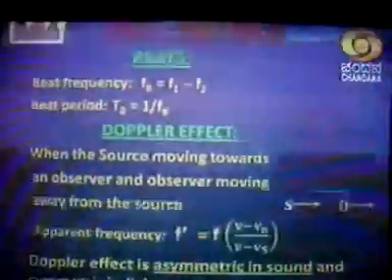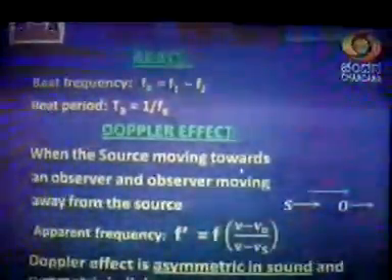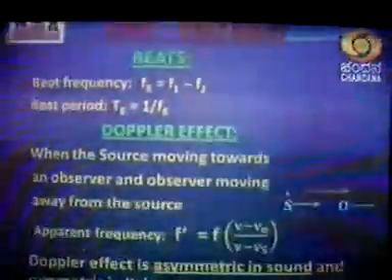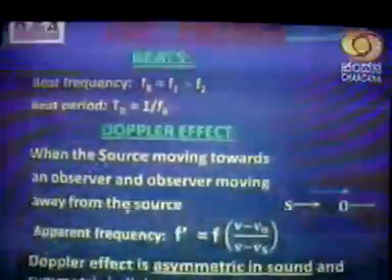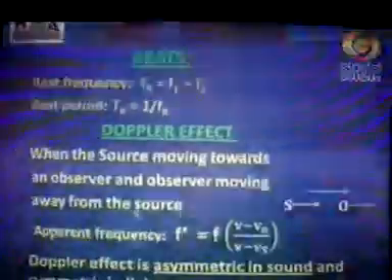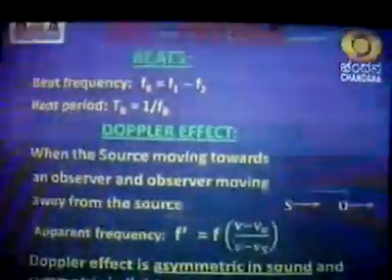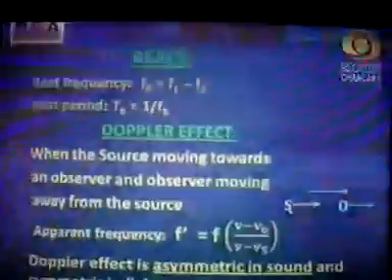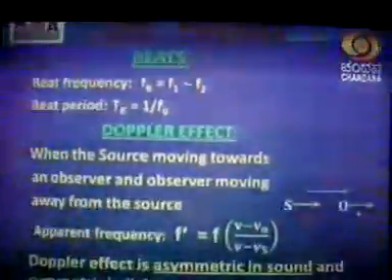Next, the Doppler effect. Whenever there is a relative motion between the source and the observer, the apparent frequency, that is the frequency as heard by the observer, is different from the actual frequency. So coming to a general case, the source is moving towards the observer.